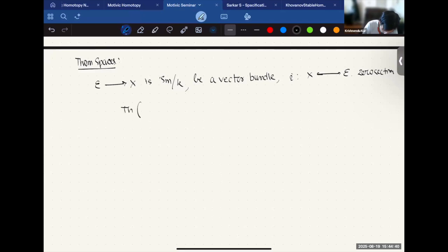Then the Thom space of your vector bundle E over X is the following.